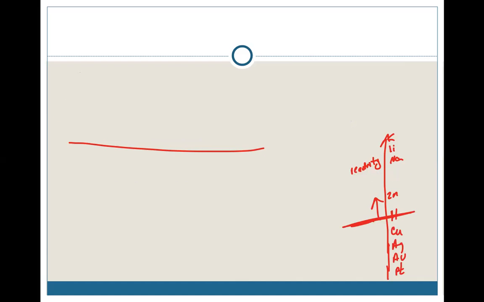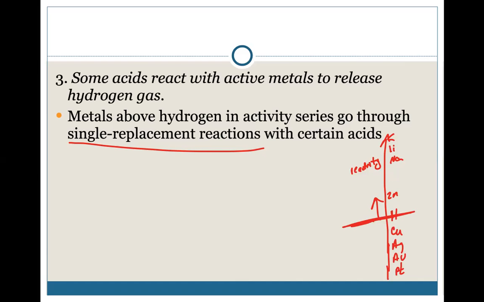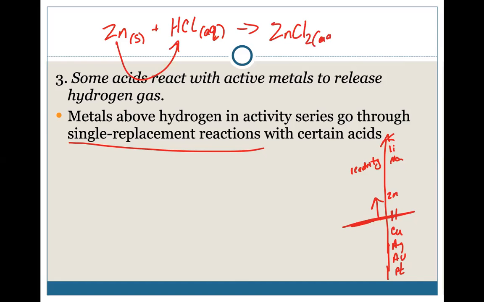An example might be zinc solid plus, let's say, hydrochloric acid, aqueous. You're going to have the zinc replace the hydrogen. So you're going to end up with zinc chloride, which is aqueous, and hydrogen gas. And you want to balance that out. So that is a property of acids.